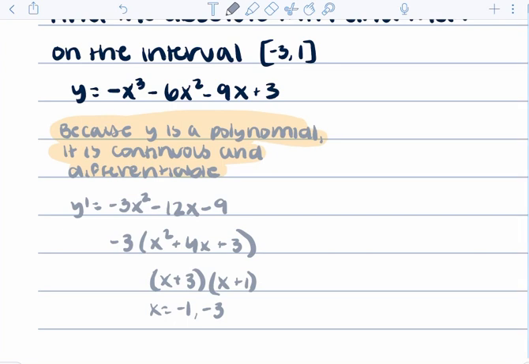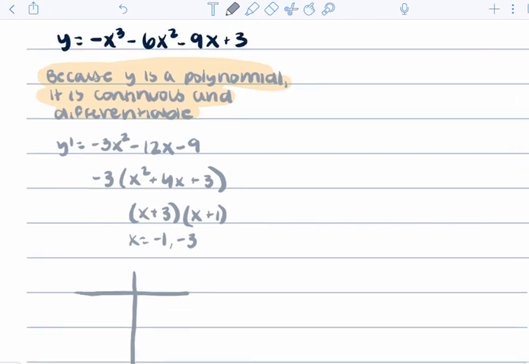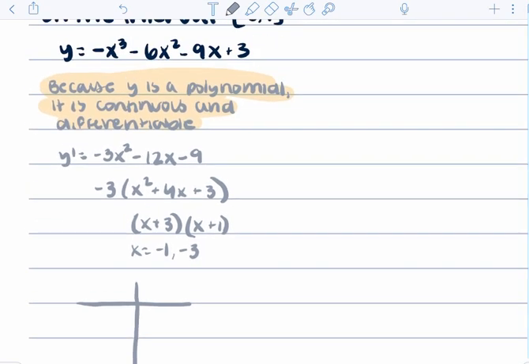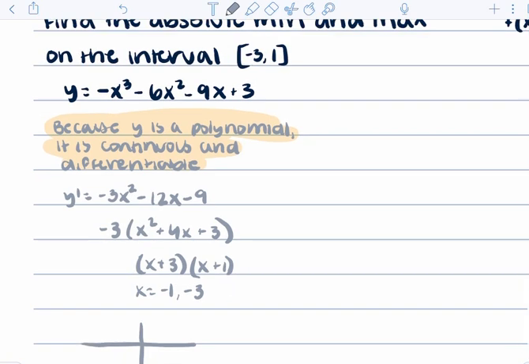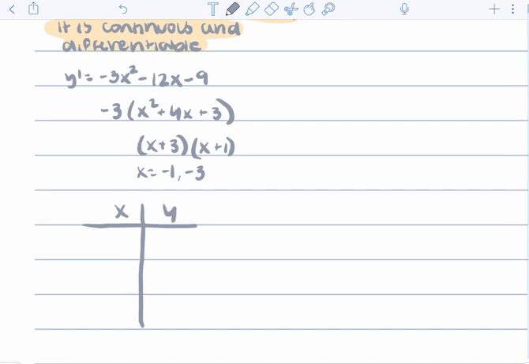And now the next thing that we need to do is make our t-chart. In our t-chart, we need to make sure we include the two critical points and the interval. Luckily for us, one of the values of the interval and the critical points are equal. So we have -3, -1, and 1.